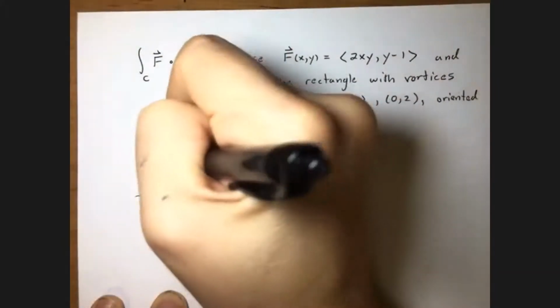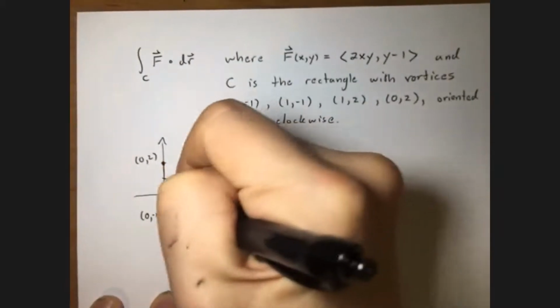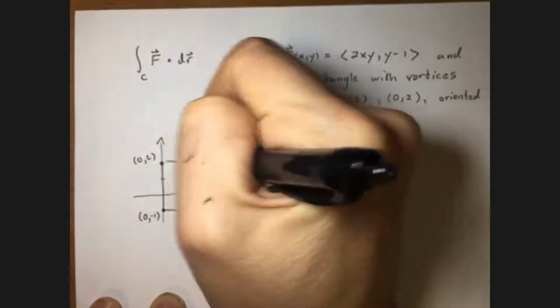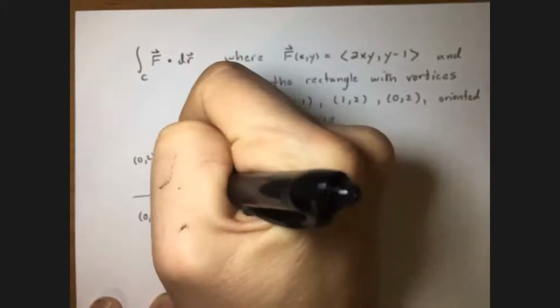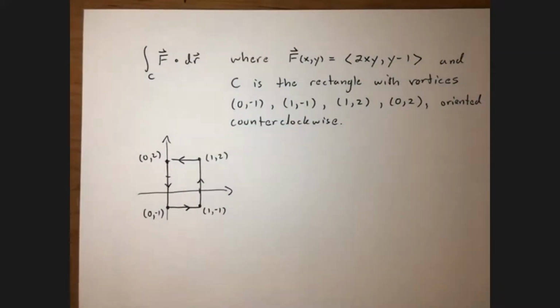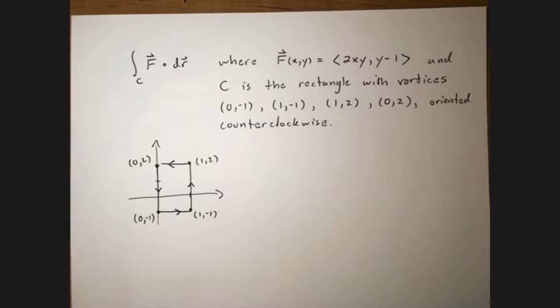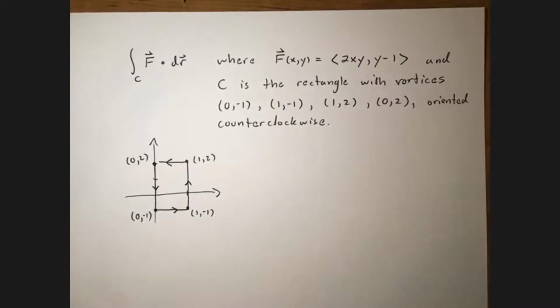And (0, 2). So this is our rectangle. And now we're going along it counterclockwise. So let me put these little arrows in here to specify that. Okay. So we're integrating around this rectangle. Now let me show you a picture of this vector field so we can get an idea of what's going on here. All right.